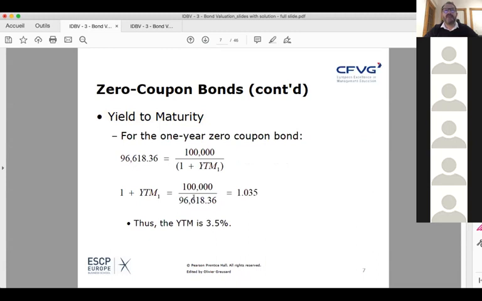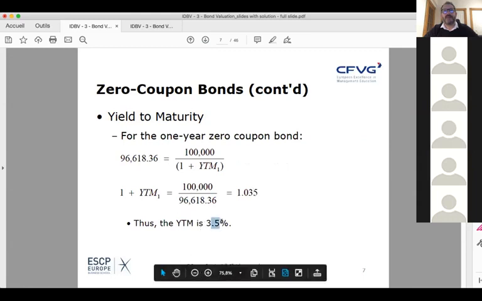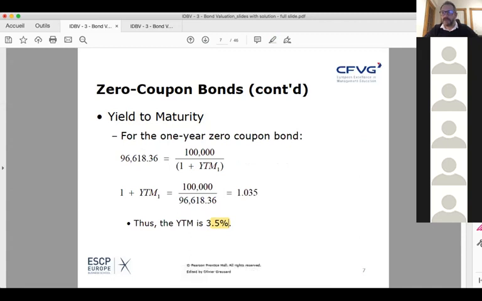In our case it's easy because it's exponent 1. So it's 100 divided by 1 plus r exponent 1 is equal to 96.686. That gives us a 3.5% rate.